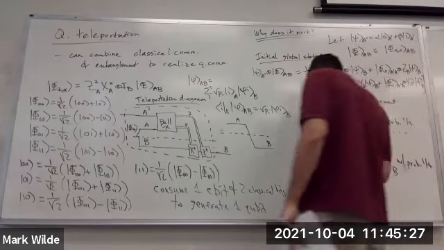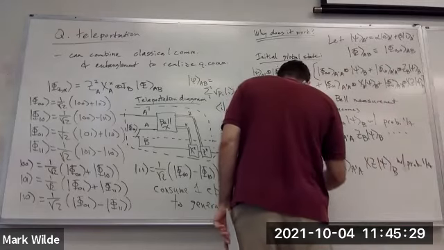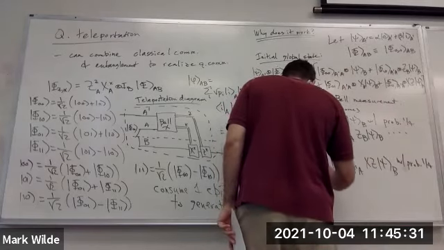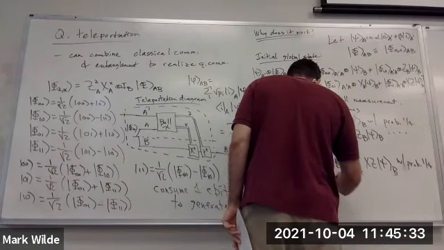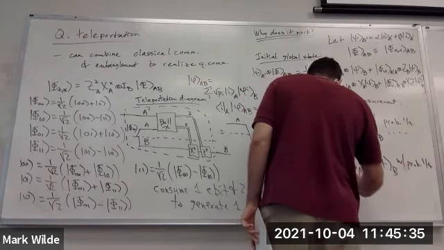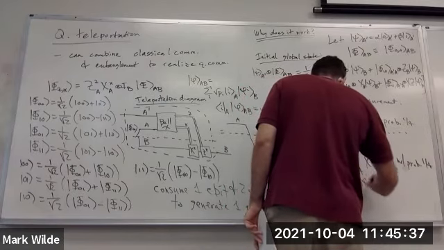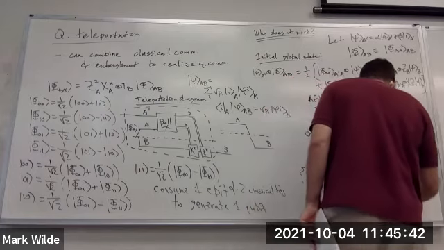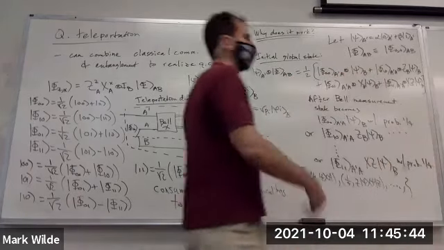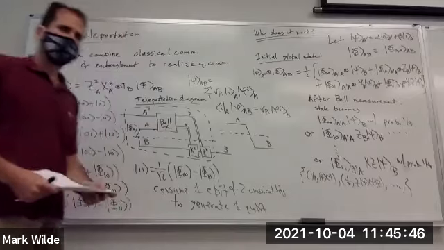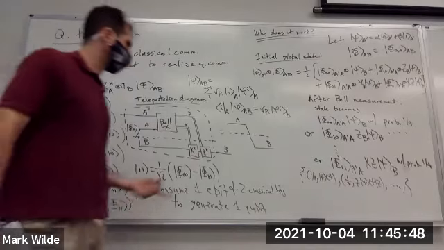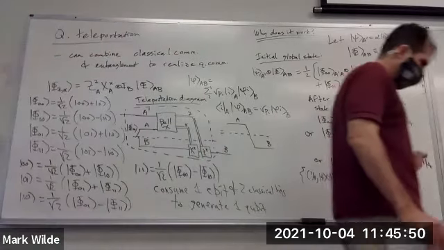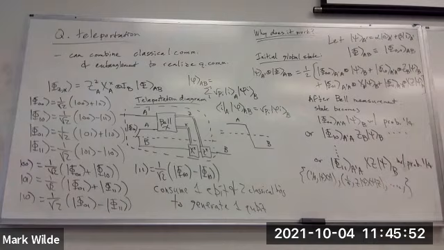The ensemble here for Bob is 1/4 psi. Let me write the density operators. 1/4 Z psi, etc. Then the final thing, right? So there's 4 possibilities. So what is the density operator for this ensemble if you don't know the classical data?